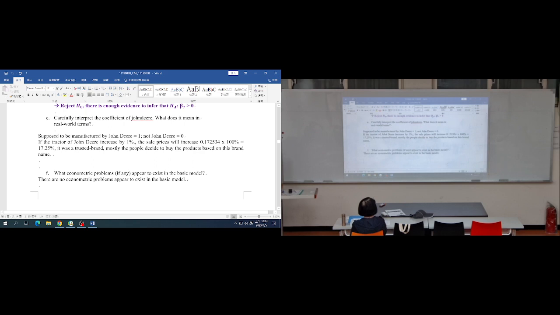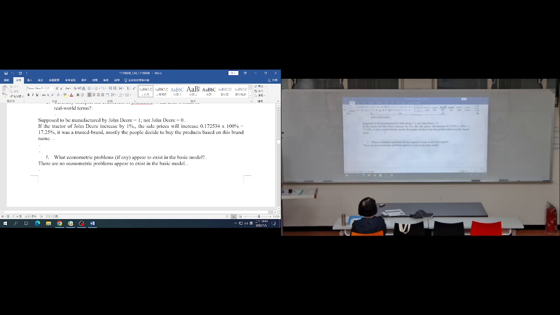In our reply, we can see that John Deere should be a trusted brand, and most of the people decide to buy the product based on the brand name.